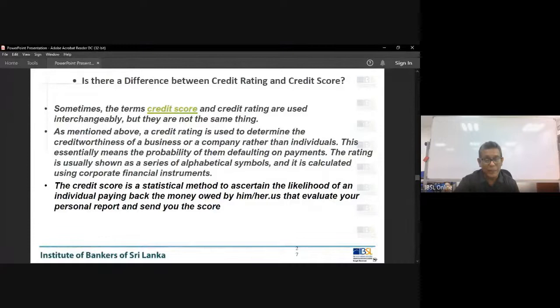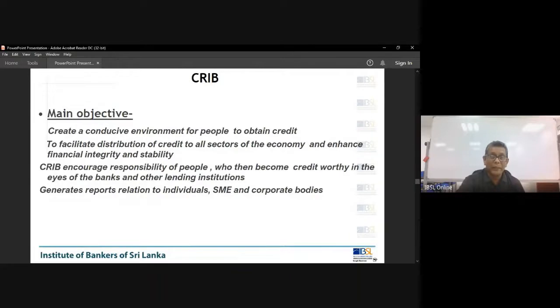Essentially this means the probability of them defaulting on payments. They look at the probability, the defaulting rate. The rating is usually shown as a series of alphabetical symbols like triple A, double B, like that, right? But a credit score uses a statistical method and ascertains certain parameters, and they give it in terms of a score, right? That's the main difference between credit rating and credit score.